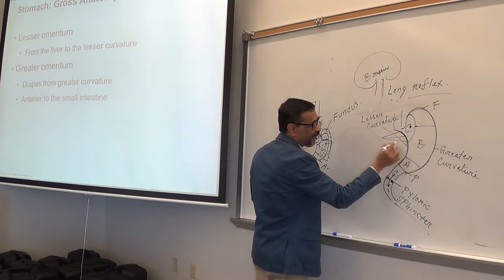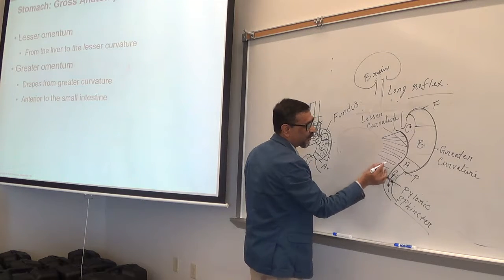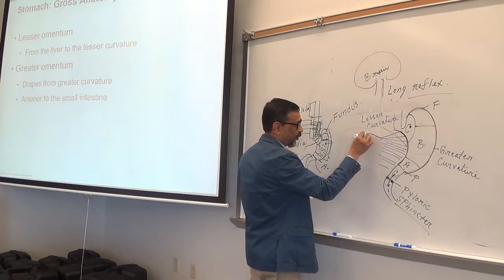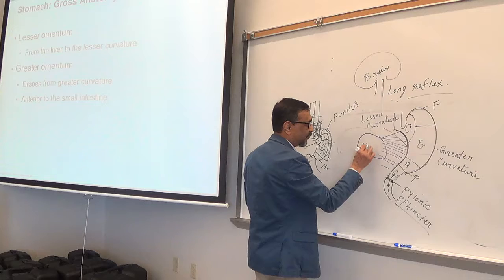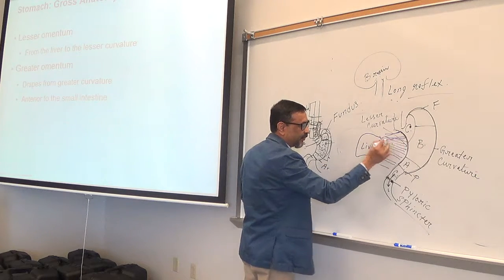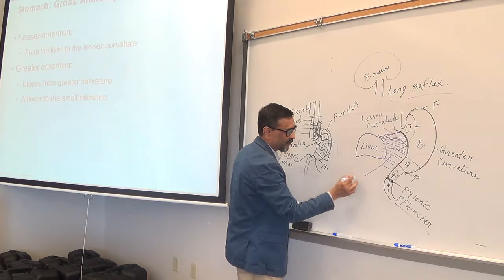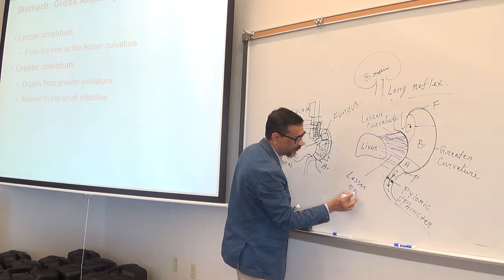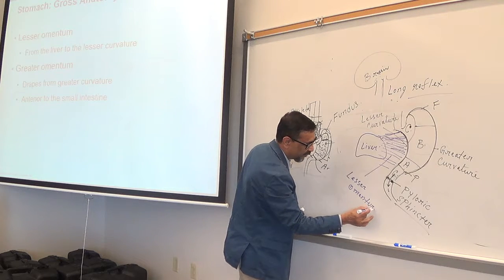One connective tissue membrane is attached to the lesser curvature of the stomach and goes to the liver. So this is the liver, okay? This is called the lesser omentum, attached to the lesser curvature and the liver. Very easy. Attached to the lesser curvature.